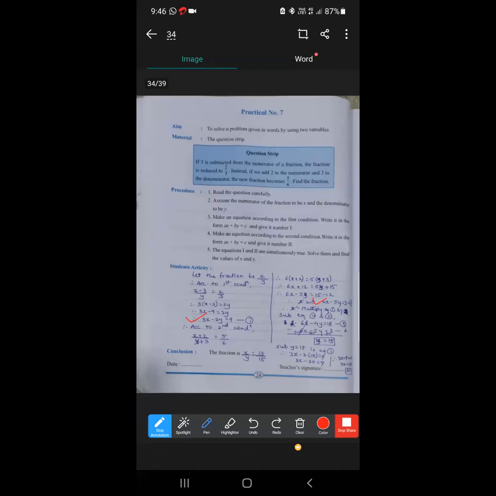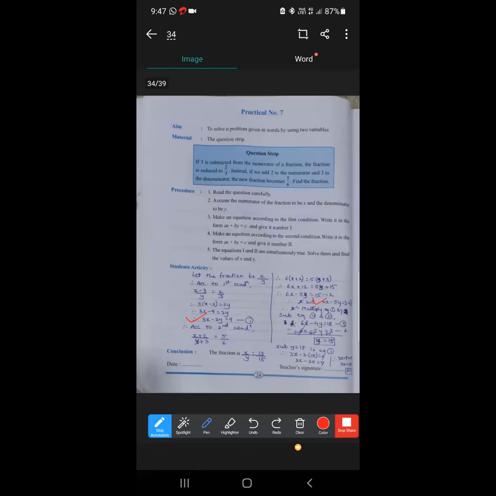Basically, from these two terms, first check the coefficient of the two terms. After checking the coefficient, check the sign.